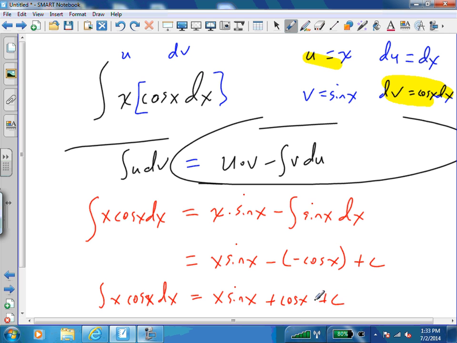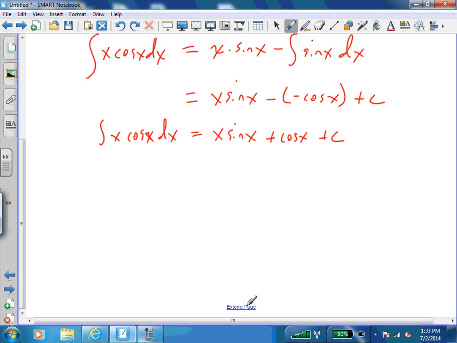If we wanted to, we could take the derivative of that to check to see if that really is correct. Let's do that just real quickly for this one. We use the product rule. So the derivative of x times sine plus x times the derivative of sine, plus the derivative of cosine, and then the derivative of the constant is 0.